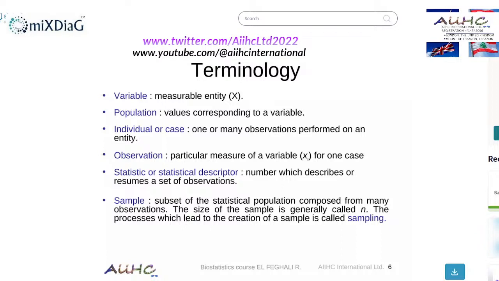A sample is a subset of the statistical population composed of many observations. The size of the sample is generally called N. And the process which leads to the creation of a sample is called sampling. Like I've told you, sampling, to sample, and the sample, the noun and the verb, are the same thing. So we can sample the population, but we need to pay attention.